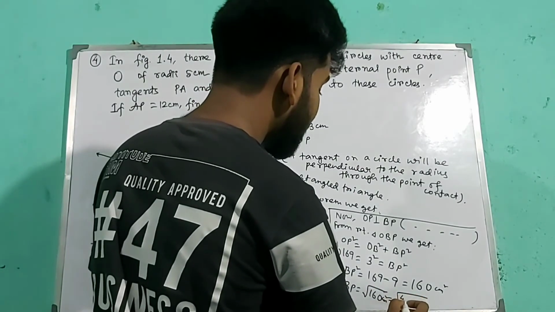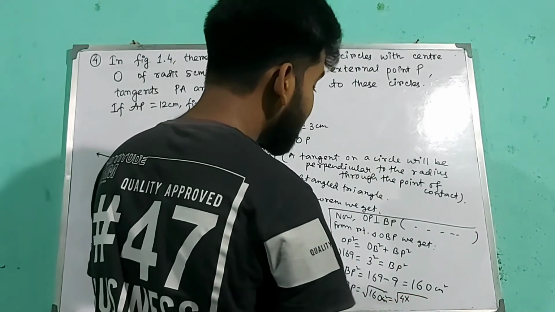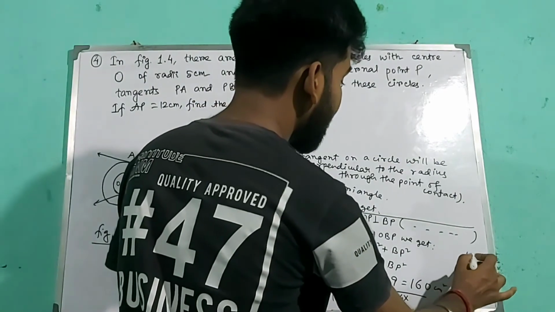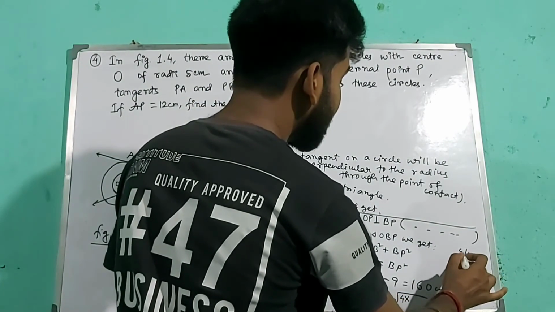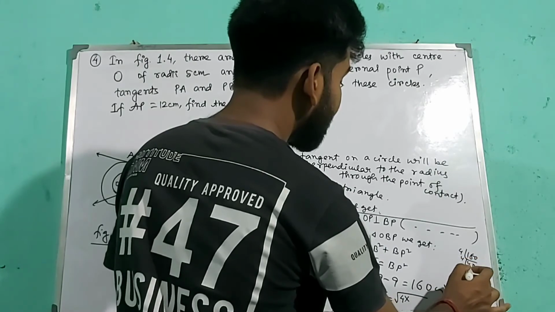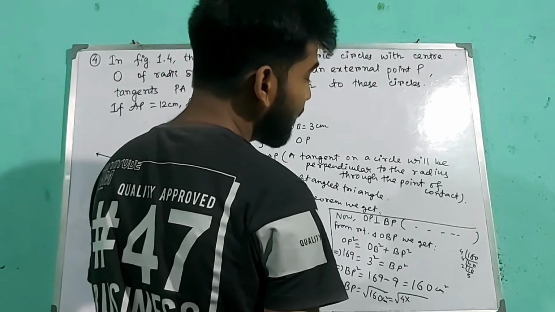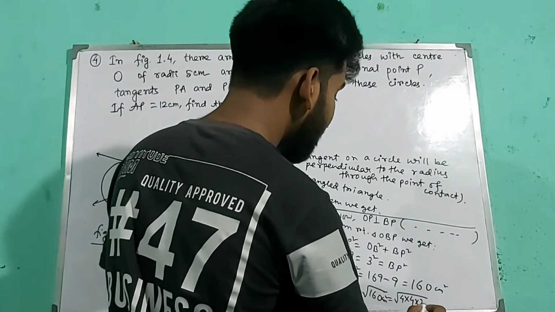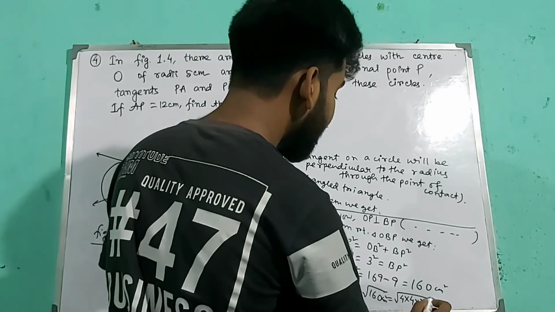160 means 4 into 4 into 2 into 5. I will shortcut it: 4 4s are 16, 4 10s are 40, so 4 into 4 into 2 into 5.